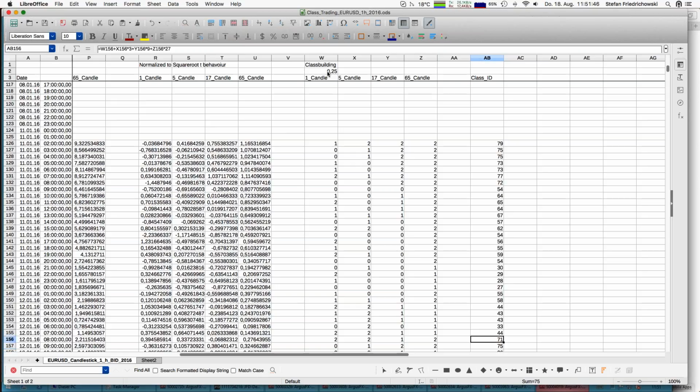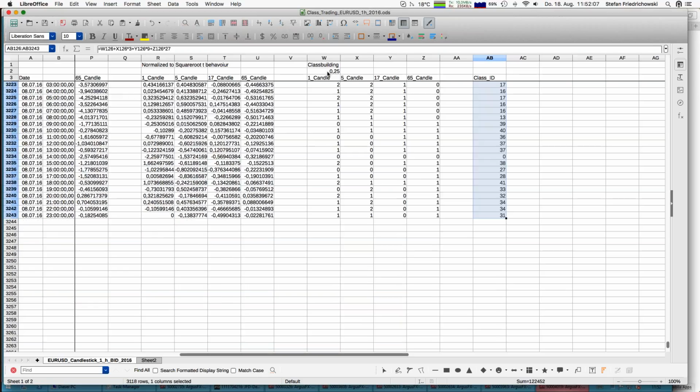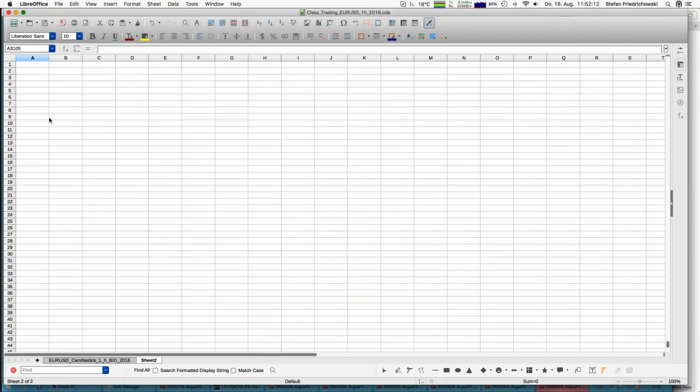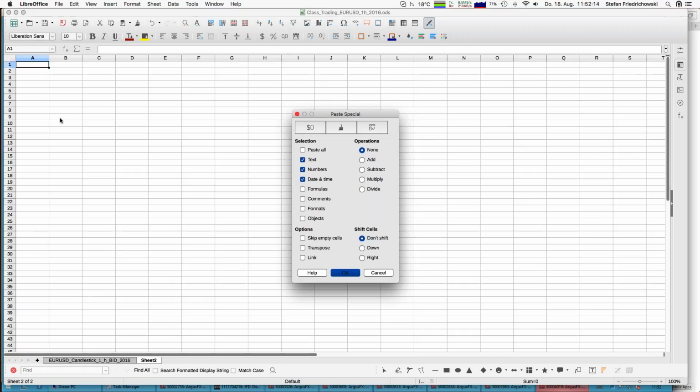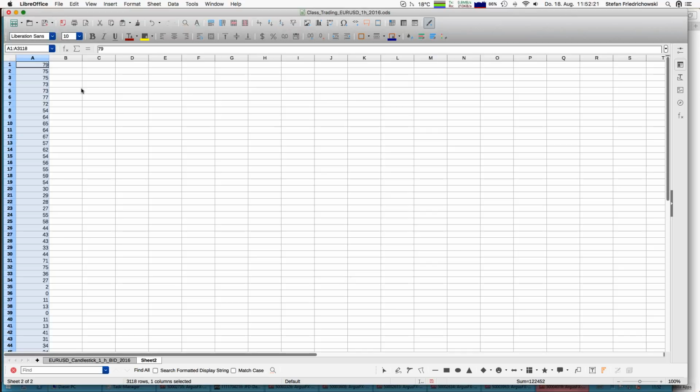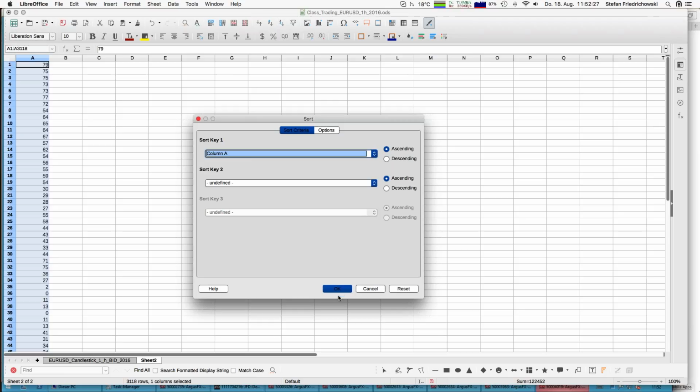If I do it like I have done here, I can show you that my classes are more or less distributed homogeneously. To prove that statement, I can use a nice Excel trick. I simply take all my class numbers here, I put them in the sheet here, so I copy them here. And next step is I simply sort those classes by number.